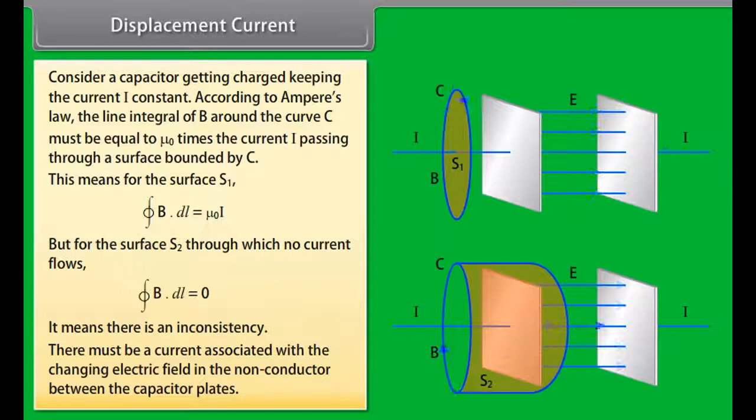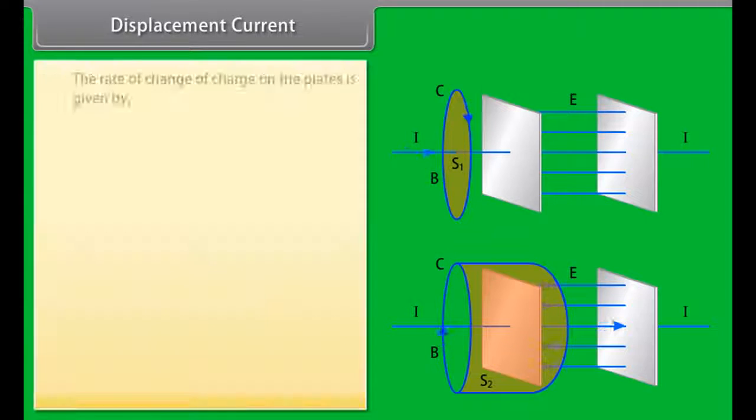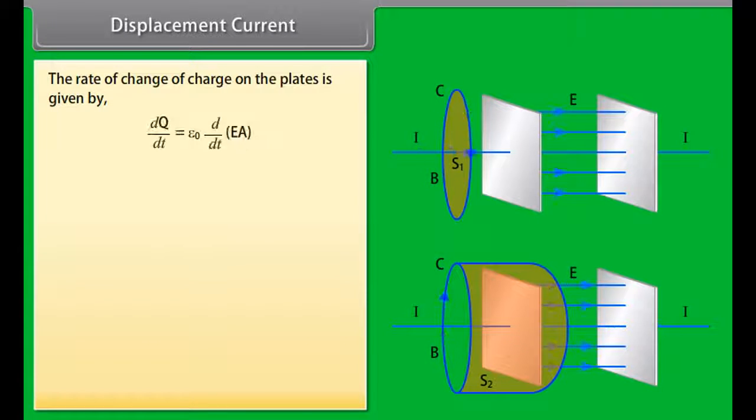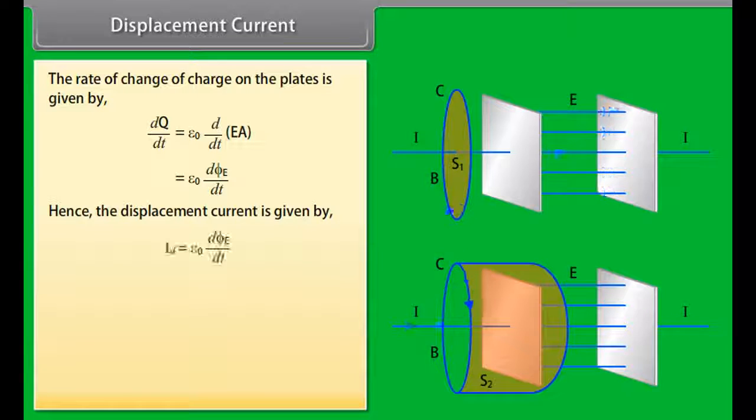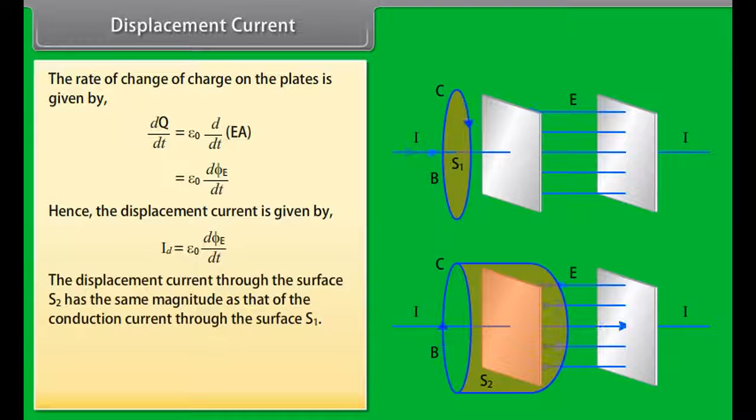There must be a current associated with the changing electric field in the non-conductor between the capacitor plates. The rate of change of charge on the plates is given by epsilon naught d/dt of EA, which is equal to epsilon naught d phi E by dt. Hence, the displacement current is given by I_D equals epsilon naught d phi E by dt.